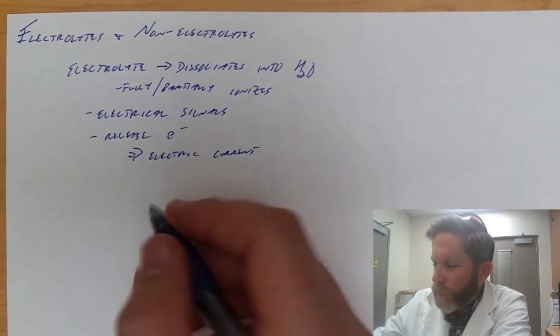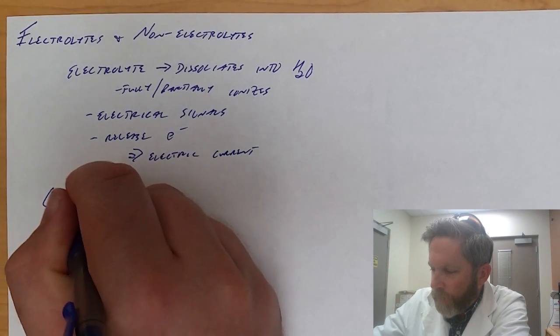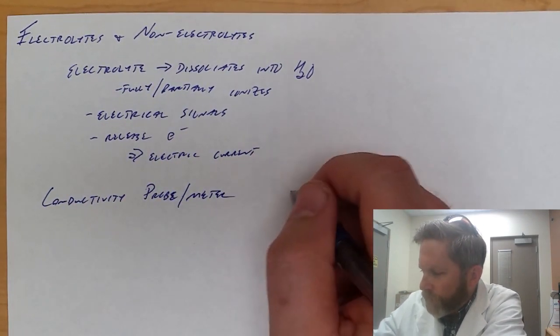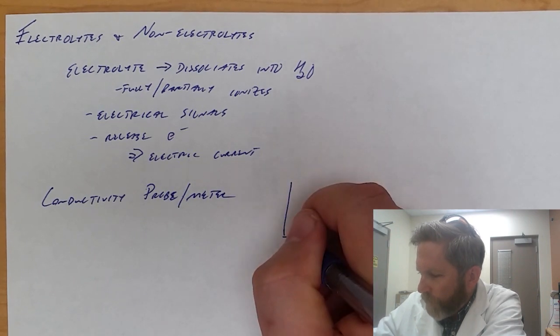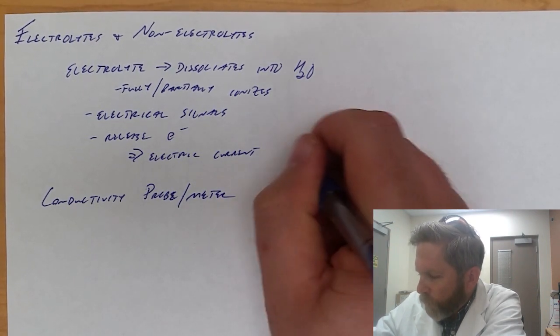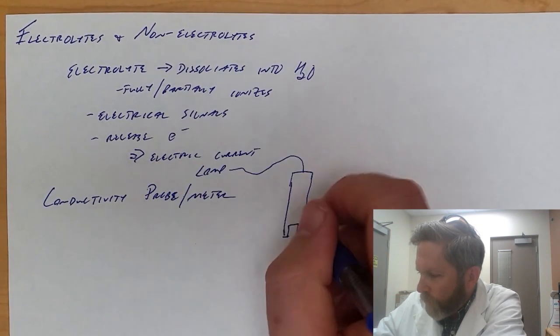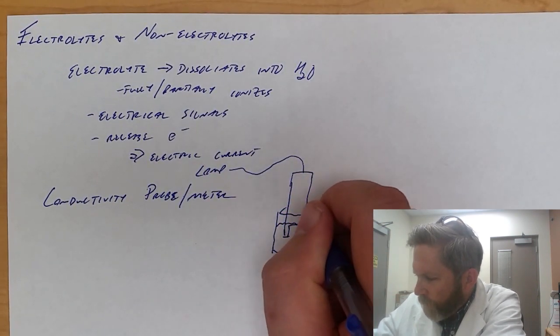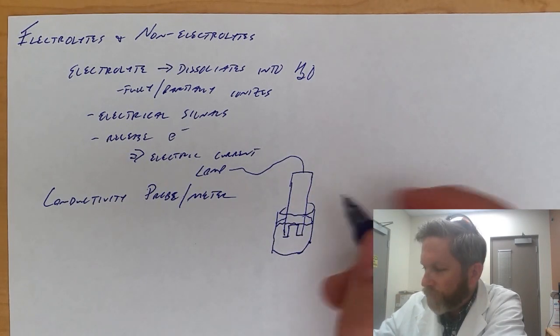So what we're going to do is use what's called a conductivity meter, conductivity probe or meter. It's just a cylindrical probe that's connected to a computer that you will then put into a beaker that contains the solution of choice.